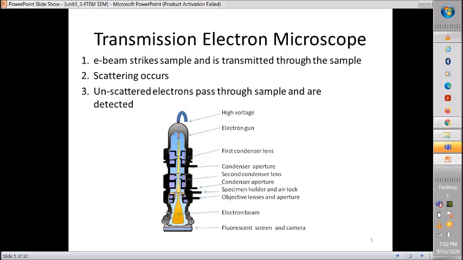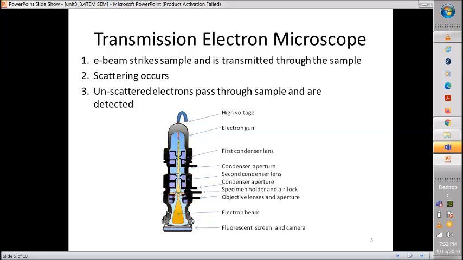And the transmission electron microscope arrangement is like this. A high voltage is applied to activate the electron gun, and from the electron gun a bunch of electrons comes out and passes through the first condenser lens, where the beams are straightened towards the destination, and the condenser aperture is there.